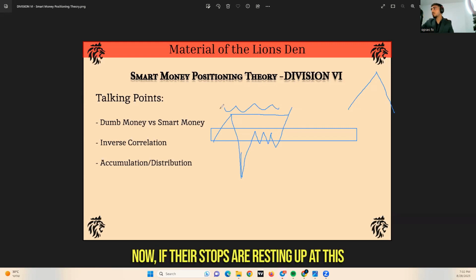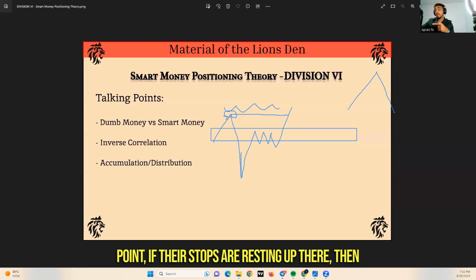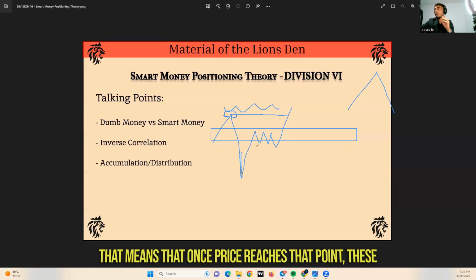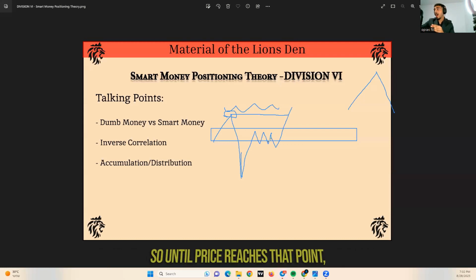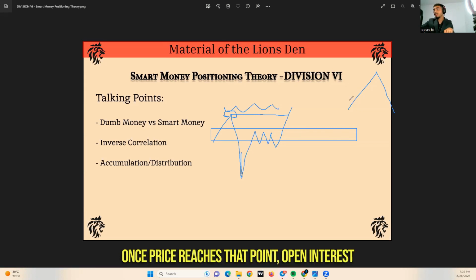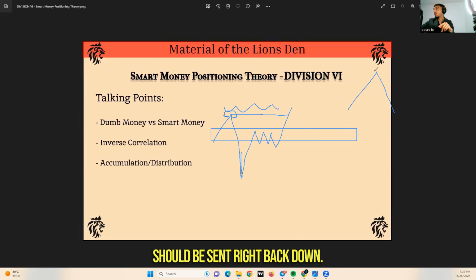Now, if their stops are resting up there, that means that once price reaches that point, these positions are going to be realized. So until price reaches that point, the open interest should be increasing. Once price reaches that point, open interest should be sent right back down. That is accumulation, price moving in a fashion which increases open interest. And this is distribution, price moving in a fashion which decreases it.